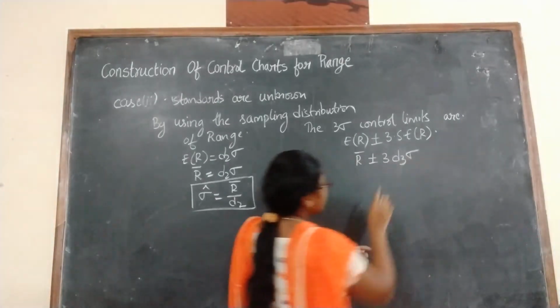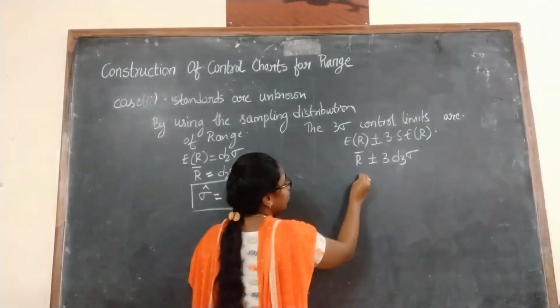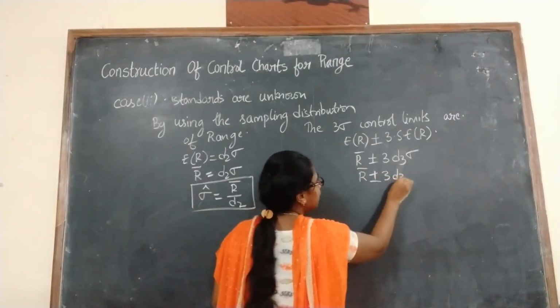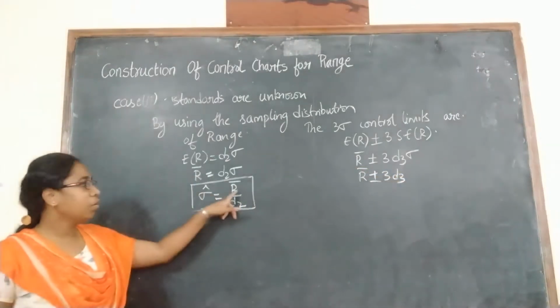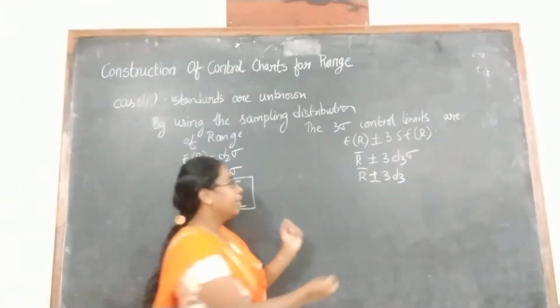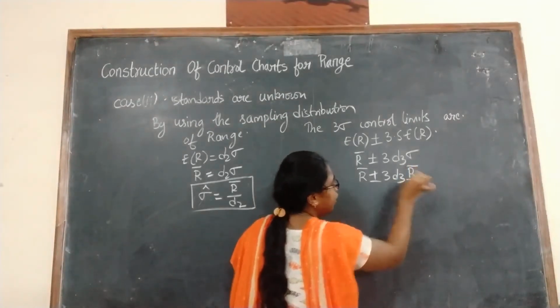Now we have estimated this sigma value: sigma is R bar by D2. So substitute this sigma value here, and you will get R bar by D2.